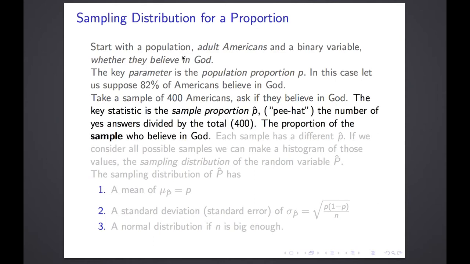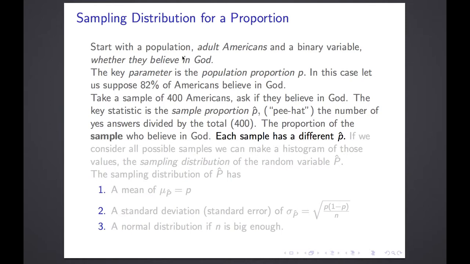So the key statistic that we would be interested in is the sample proportion, and that's generally called p hat, p with a little caret over top of it. That's the number of yes answers divided by the total, which in this case is 400. It's the proportion in the sample who believe in God. And here's a simple but fundamental point.